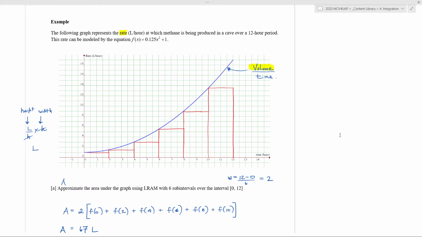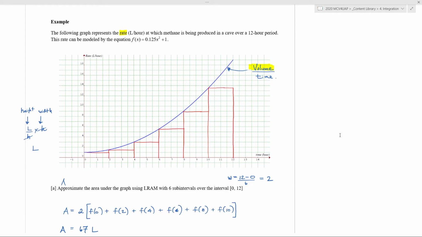So when you multiply the height of each rectangle by the width, you're going to get a unit of liters. And liters would tell you that the area you're finding is going to represent the volume. Okay? So when we add up the areas of all 6 rectangles, it's going to give us the volume of methane that was produced in the cave.